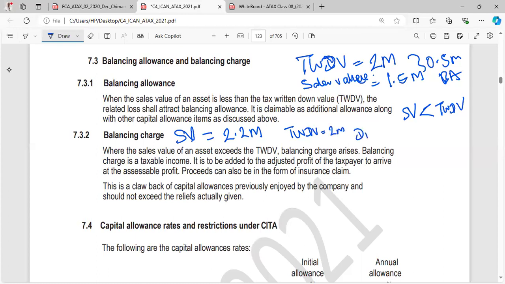There is a difference of 0.2 million, a positive difference. Now, because you are supposed to claim 2 million, you have now gotten 2.2 million. You have gotten profit or excess over your tax written down value. Now, capital allowance is not something that you are supposed to make gain from.